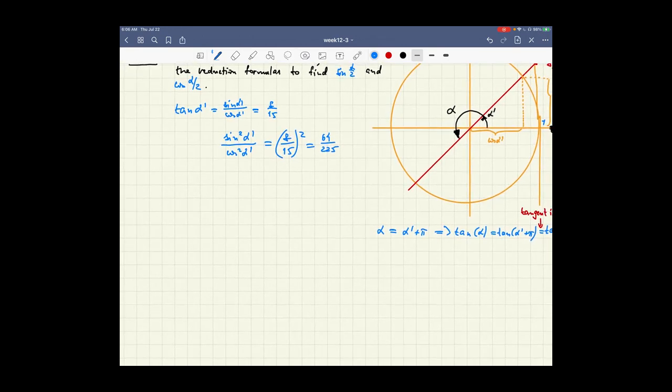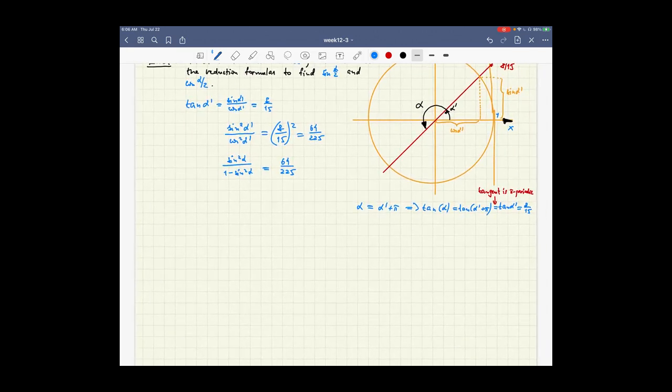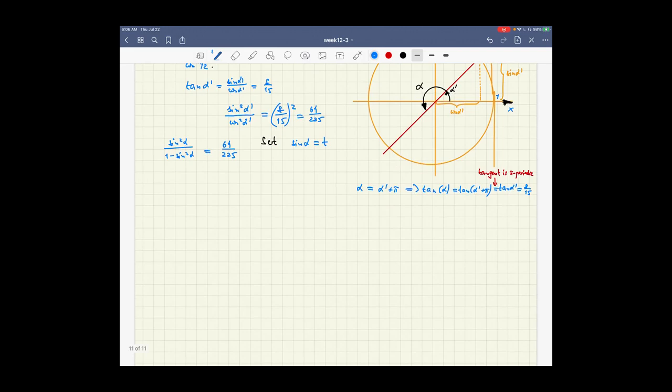And now we can replace, for instance, cosine squared in the denominator by 1 minus sine squared. We can view this as an equation in sine alpha prime. I can now set sine alpha prime to be, say, t. So my equation is now t squared over 1 minus t squared equals 64/225.